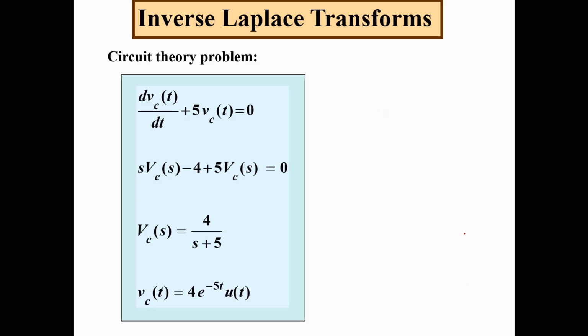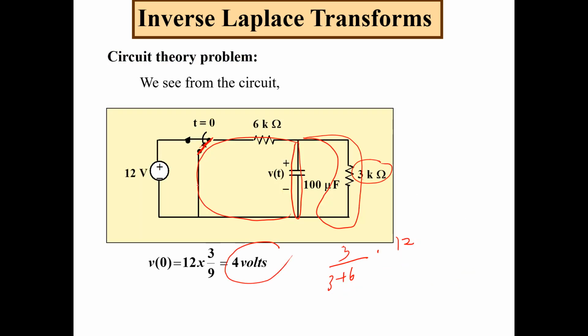And then this is the equation in the time domain. We transform it to the s domain. So this is the differential, and it becomes s Vc(s) minus 4 plus 5 Vc(s) is equal to 0. Why 4? Because this one is s Vc(s) minus V0, and V0 is 4 here.